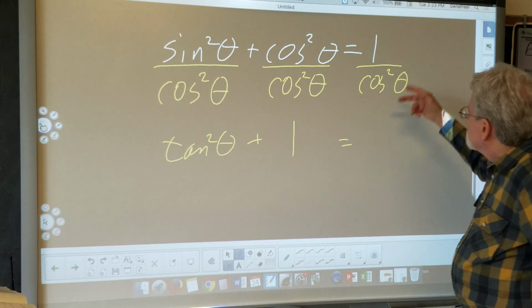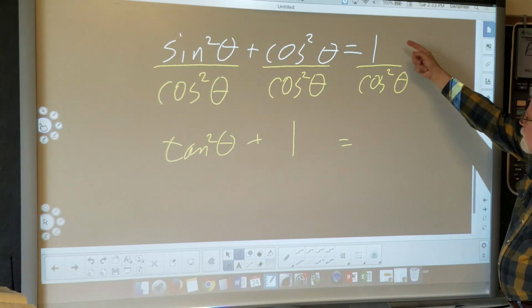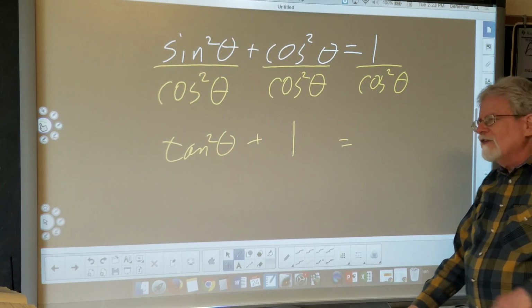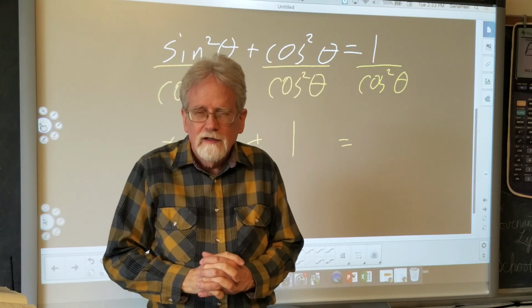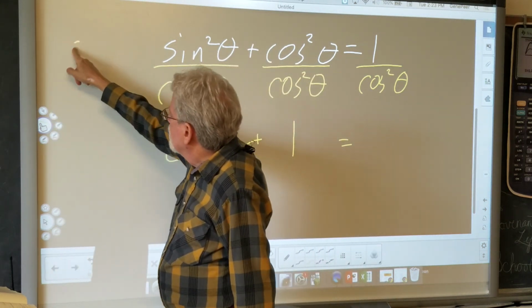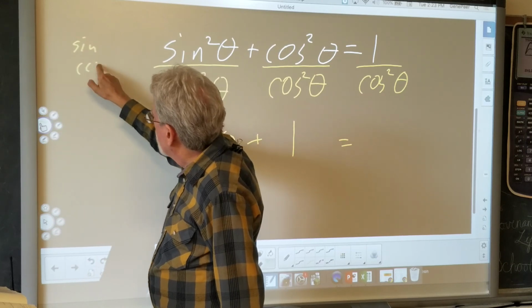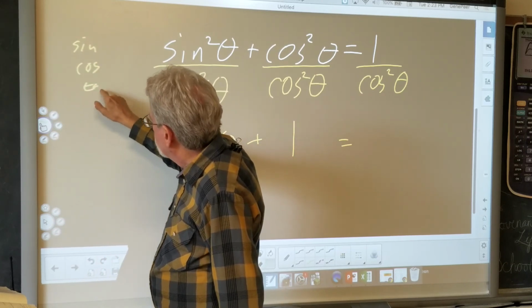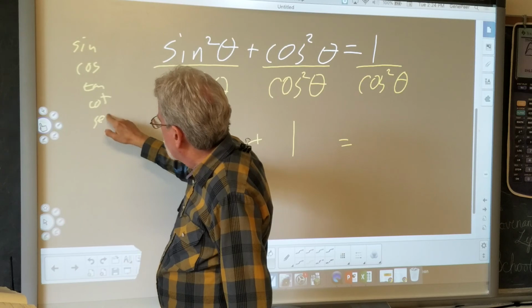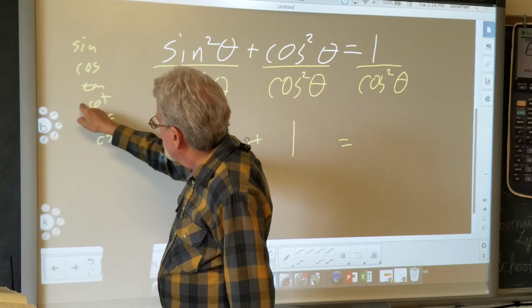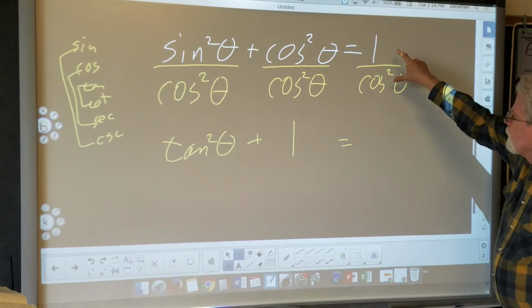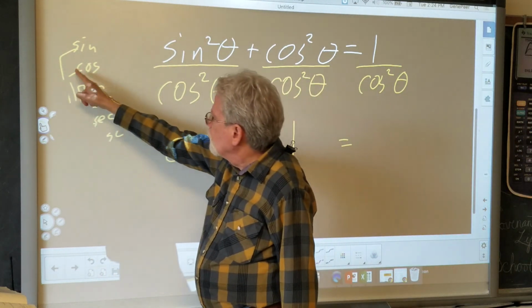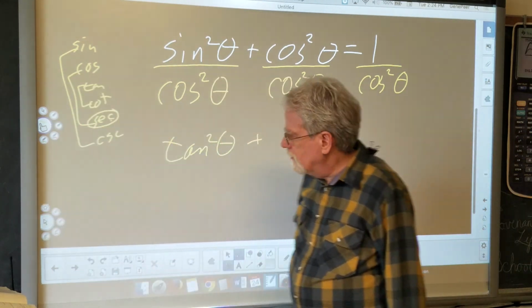Now over here, this is the reciprocal of cosine squared, isn't it? Well, guess what the reciprocal of cosine squared is? Remember our sine, cosine, tangent, cotangent, secant, cosecant, and the reciprocals. The reciprocal of cosine is secant.